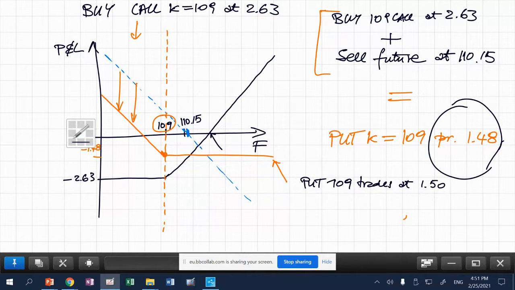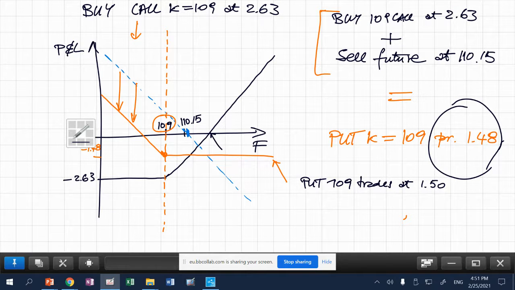I know that I can build a long put option by buying the 109 call and selling the future, so I could buy the call, sell the future, and sell the put option at 150. Because the put option would be overvalued, trading at 150, as opposed to the cost of recreating the put option, which is 148.